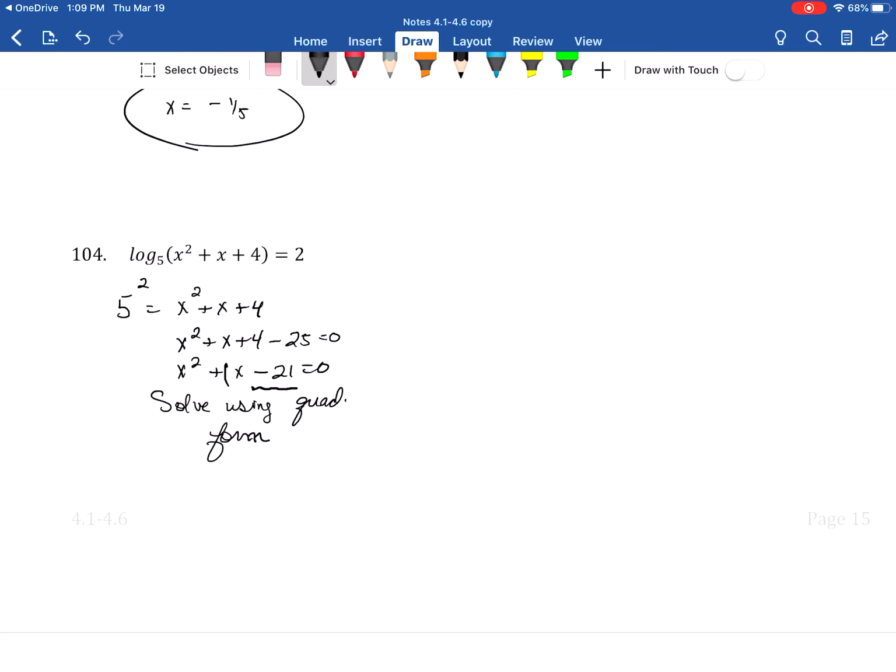So that's how I knew it's not going to factor. So here we go. x equals the opposite of b plus or minus the square root of b squared minus 4ac all over 2a.